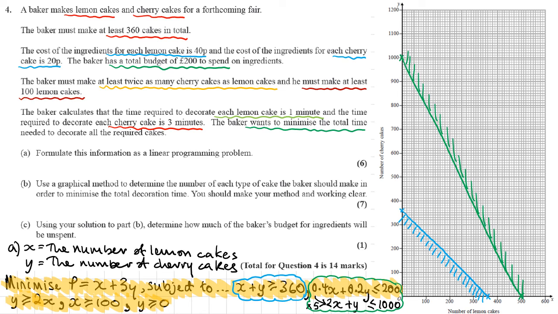So now we'll move on to this one. The y is greater than or equal to 2x. So we'll start by actually drawing the line y equals 2x. So I'm just going to need 2 or 3 coordinates to get that line. Right, so for example, if I had x as 100 for this equation, then y would be 200. 2 times 100 is 200. So 100, 200.